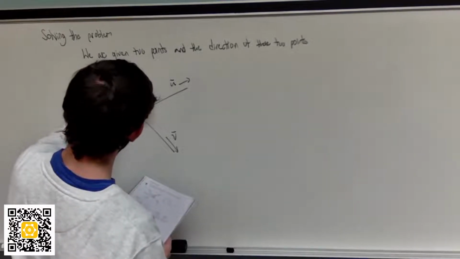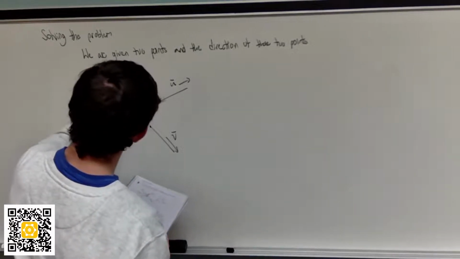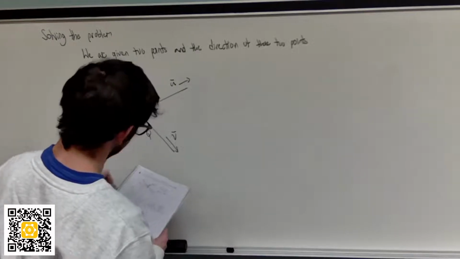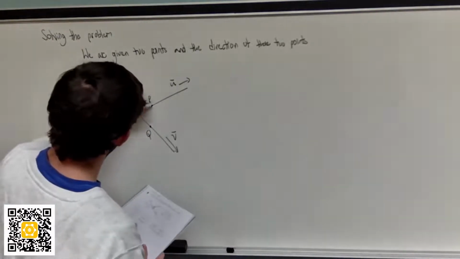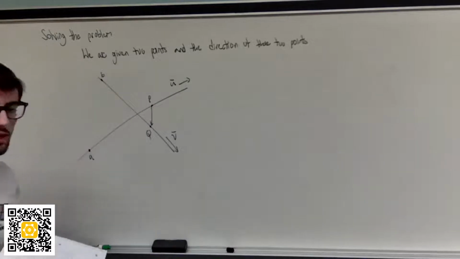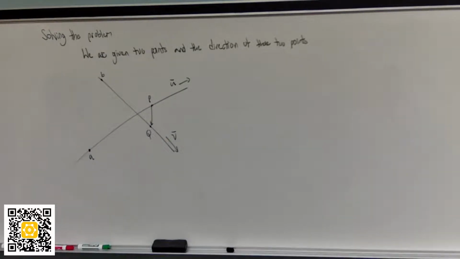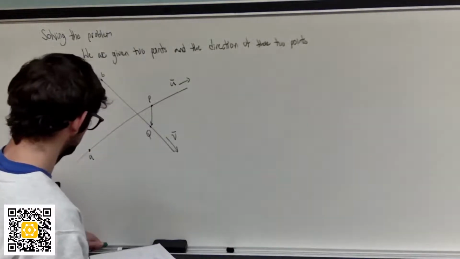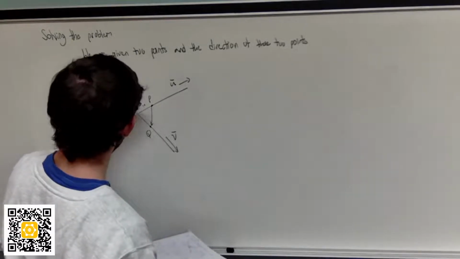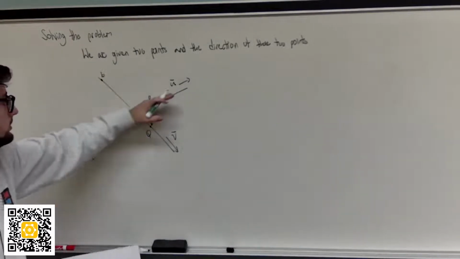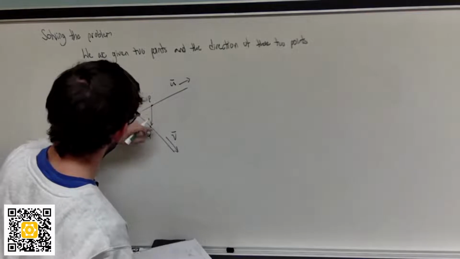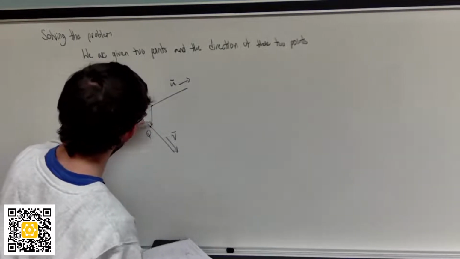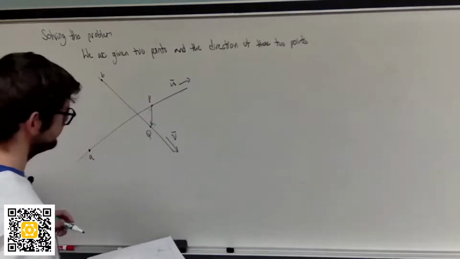We want to find the point P and the point Q that's going to give us that property that we just discussed, where if we take the dot product between this vector right here and the vector from P to Q, we will get 90.